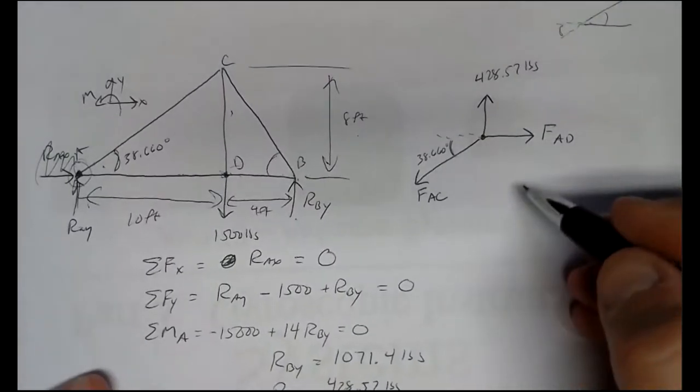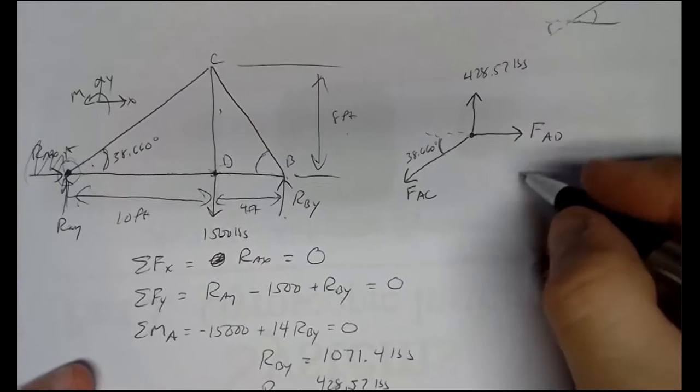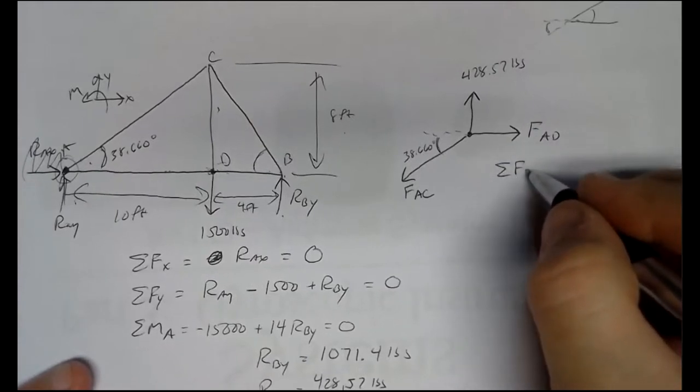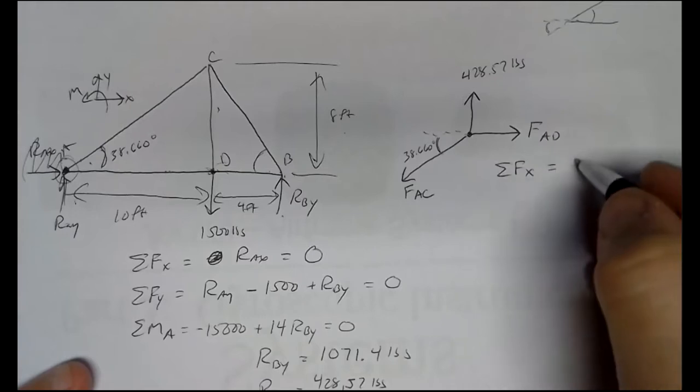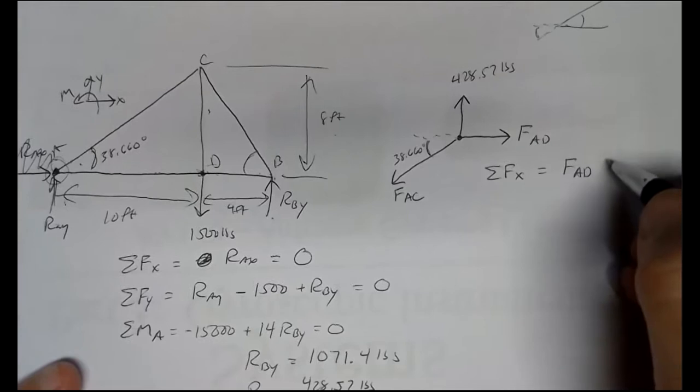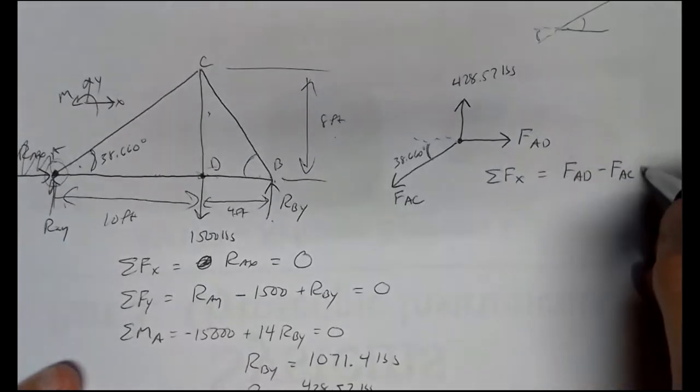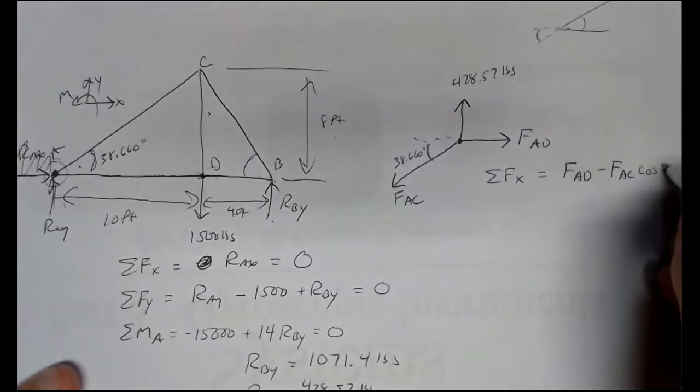Now that we've got our free body diagram, this is a concurrent force system, method of joints at A. So we do our sum of forces in the x direction. That'll be all of FAD to the right, and then a piece of FAC, it'll be the adjacent piece. So it's going to go with cosine of 38.660 degrees.